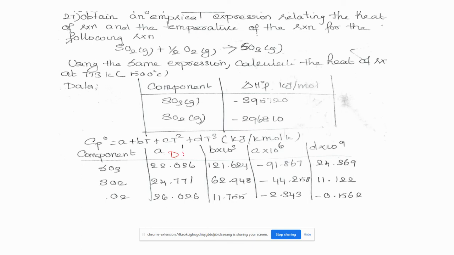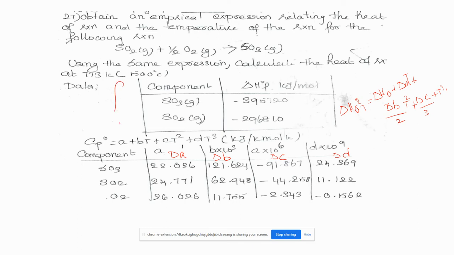From this we have to find del A, del B, del C and del D, because the formula we have is del H0 RT is equal to del H0 plus del A T plus del B by 2 into T square plus del C by 3 into T cube and so on. Same principle, we have to find it. So now we will start with the problem.